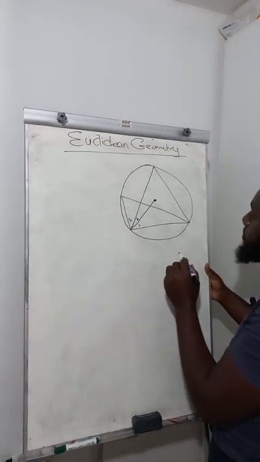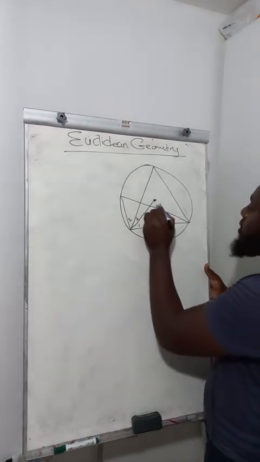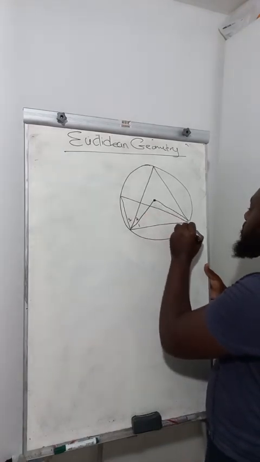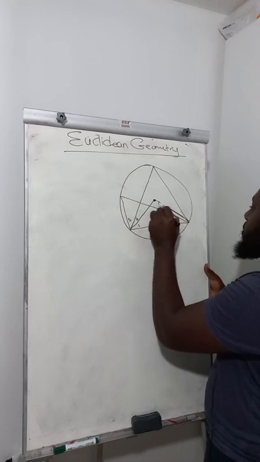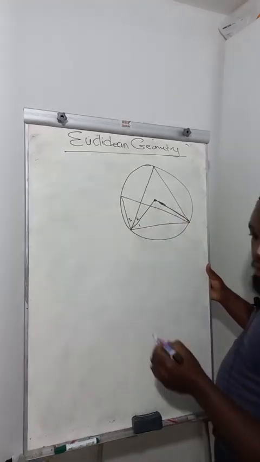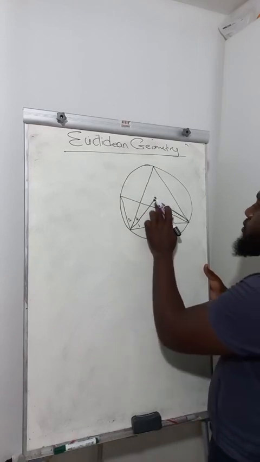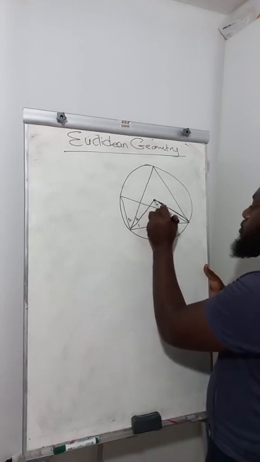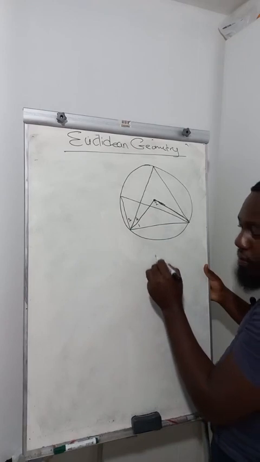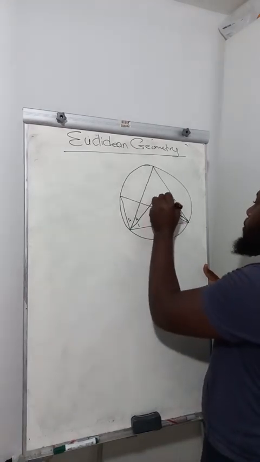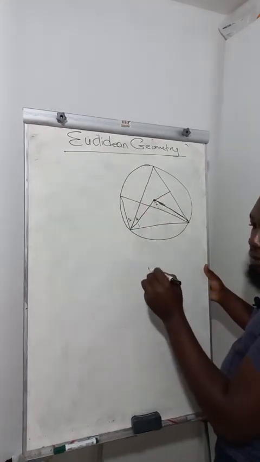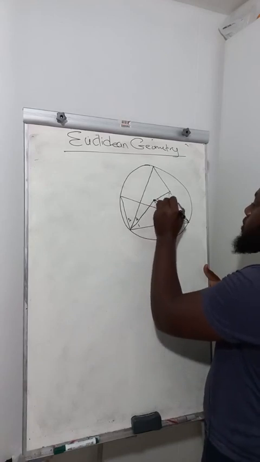And then this also, there is another line here. This is a 2 here. This is a 2. This is a 1. This is a 1.